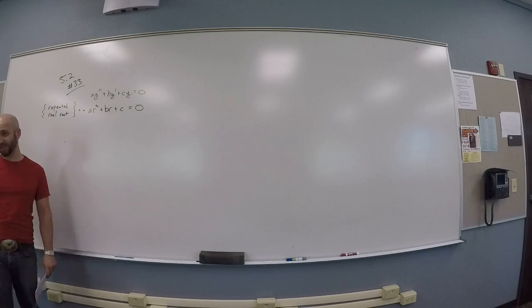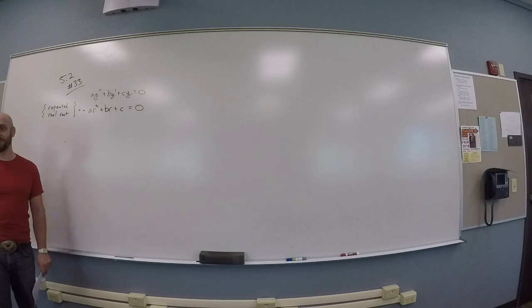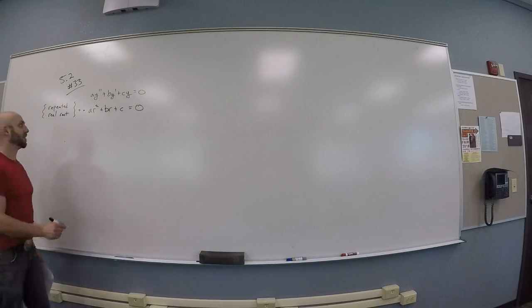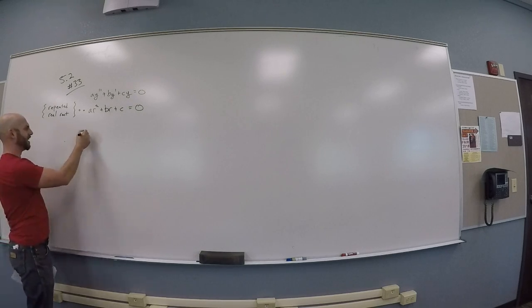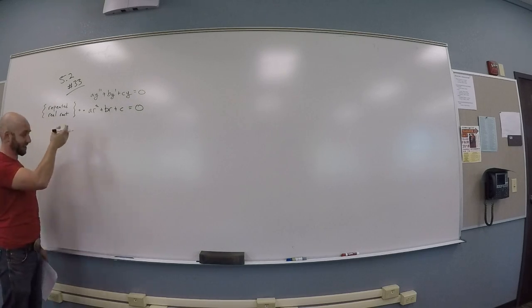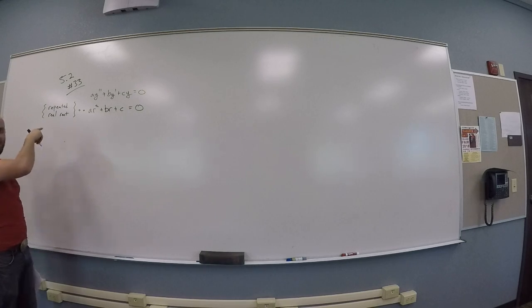You have to think all the way back to algebra 2 or pre-calculus. What does it mean to have a repeated real root? That means that in the quadratic formula you get 0 under the square root.